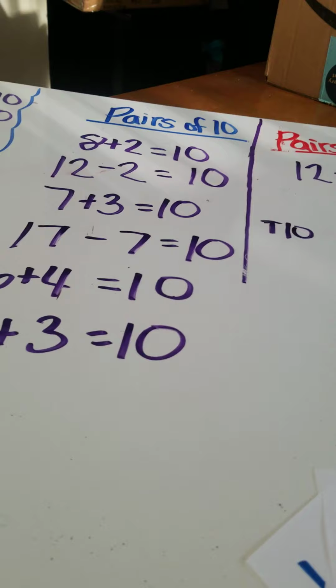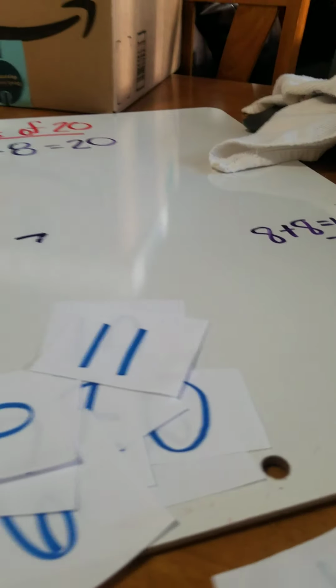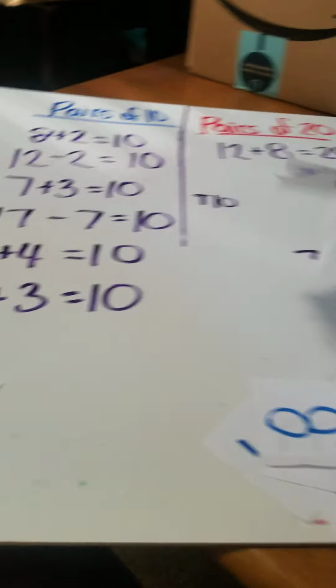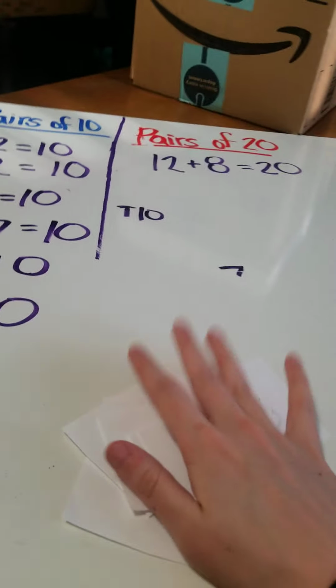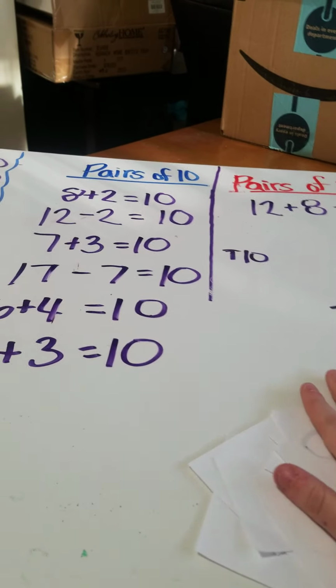Friends, this is going to be for you to do now. You can have a lot of fun with it. You have your whole pile of cards, so I want you to go through and challenge yourself and come up with as many pairs of 10 and as many pairs of 20 as you can.